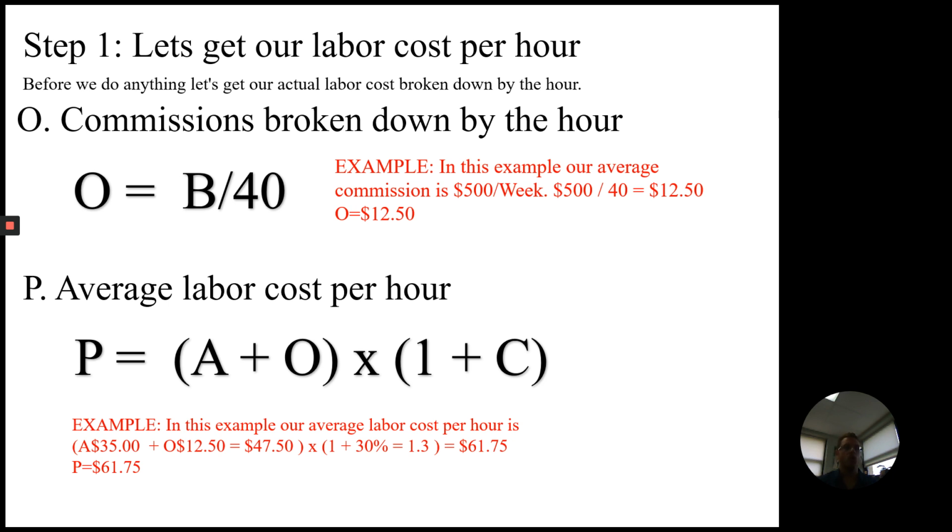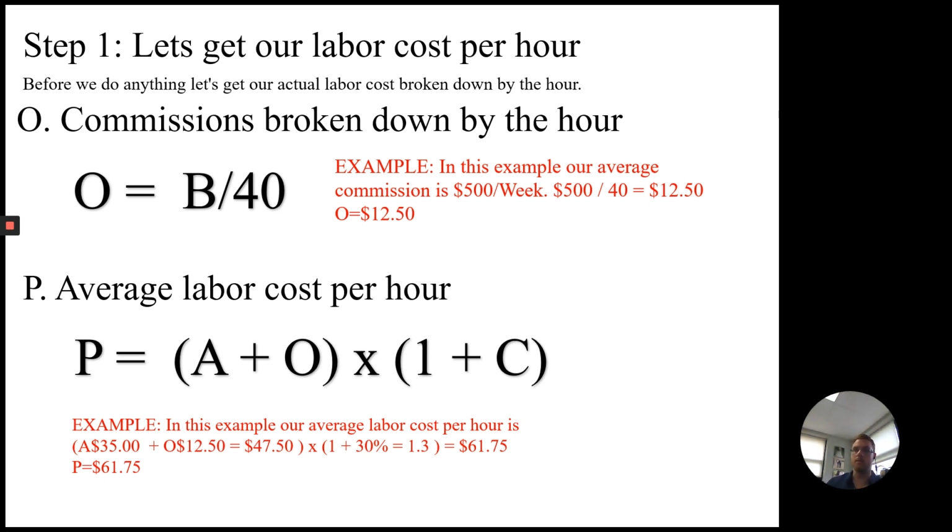Now we take my direct labor costs, which was my insurance, my workers' comp, my payroll insurance, all the stuff I had in C, and I do the multiplication. So 1 plus C, so 1 plus 30% is 1.3, and I multiply the labor rate by 1.3, which is my 47.50 times 1.3 is 61.75.